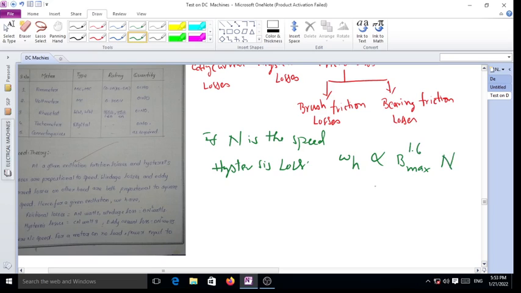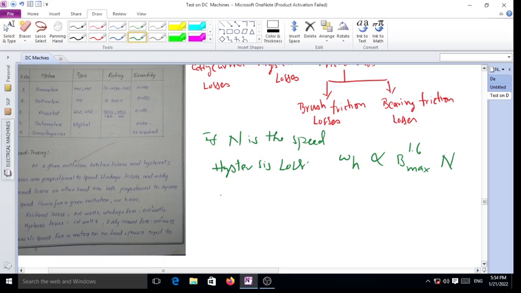That is, hysteresis loss is directly proportional to the flux density to the power of 1.6 into speed. Sometimes it is frequency, but frequency is not applicable here, so we take speed n.